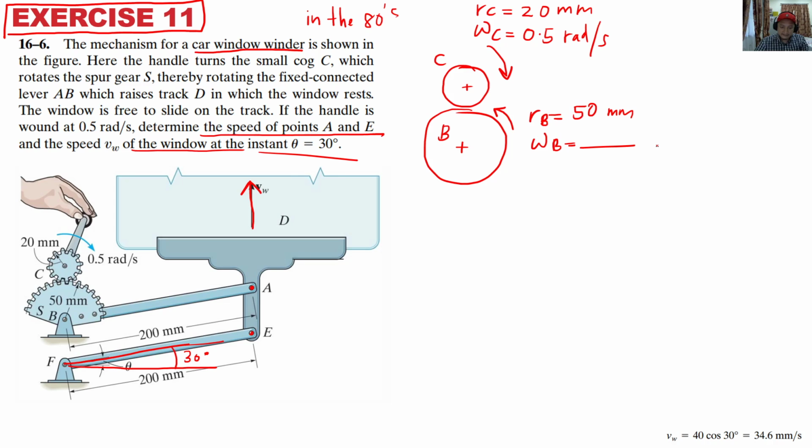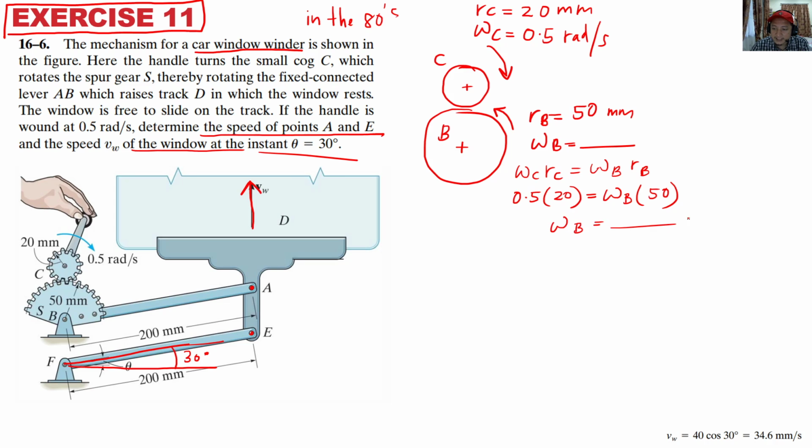So easy. Let's do a short one here. Omega C RC equals omega B RB. Omega C is 0.5 times 20 equals omega B times 50.